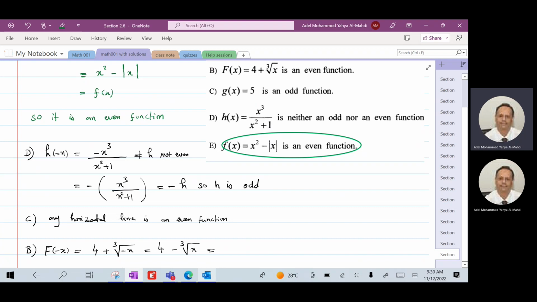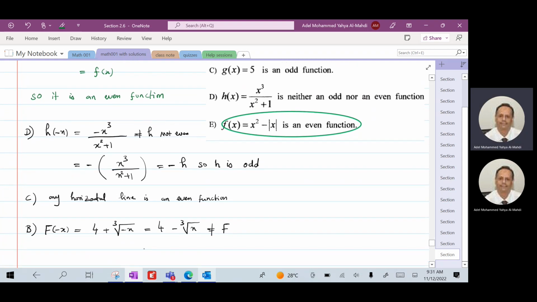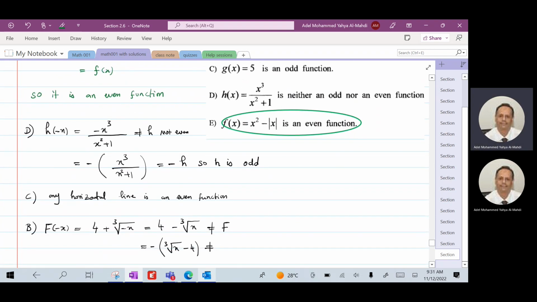You agree that this one is not the same as capital F. If you take minus outside, then we will have cube root of x minus 4. And it is not the same, so it is not even, and not minus f. So it is also not an odd function, so it is neither.